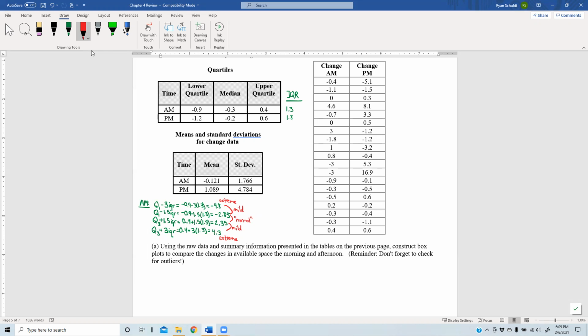So let's look and see, is there any below negative 4.8 for AM? No. Is there any below negative 2.85 for AM? Looking for negative 2.85 or less. I've got some at negative 3. So this is going to be mild.